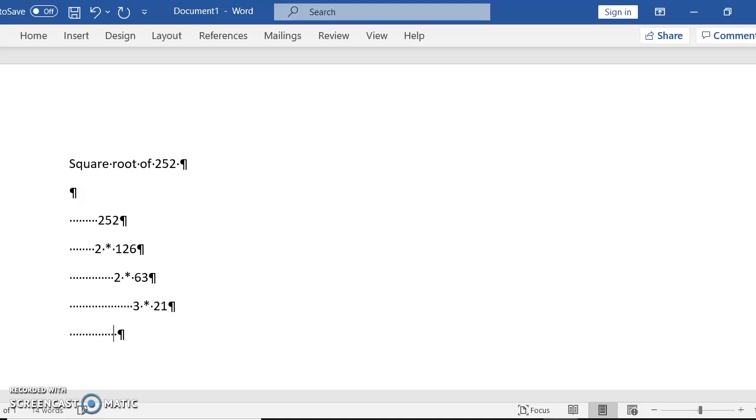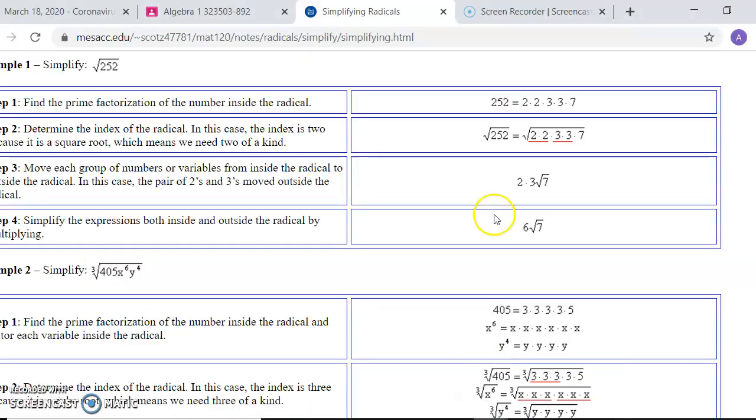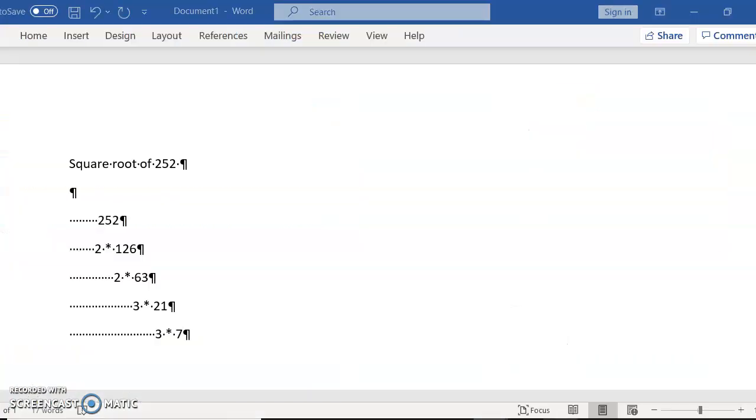And then that can continue to be broken down. So 3 times 7. So if you look here, I have my factors of 2, 2, 3, 3, 7. And you can see that here, 2, 2, 3, 3, 7.